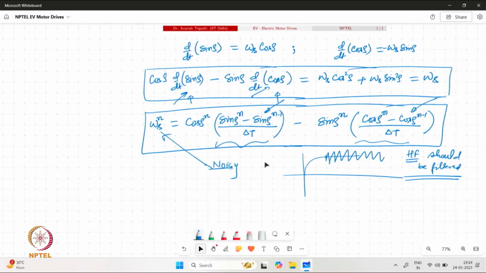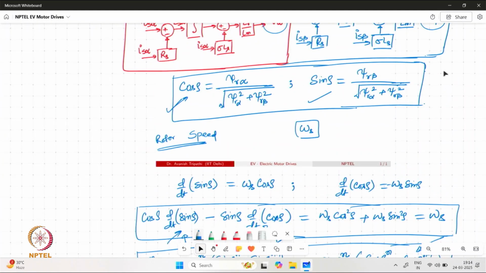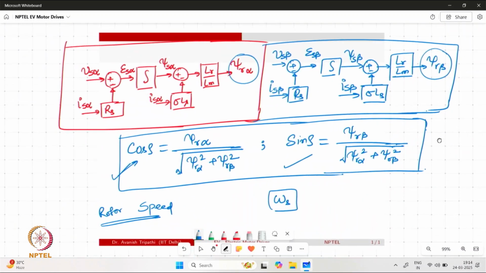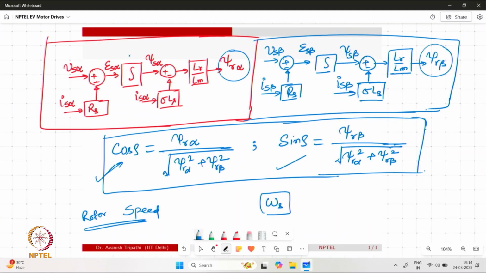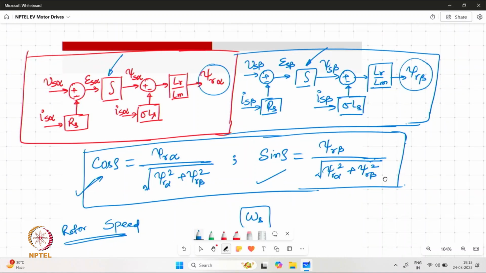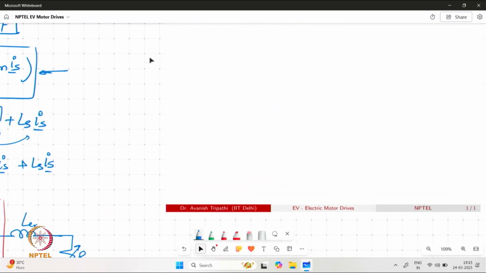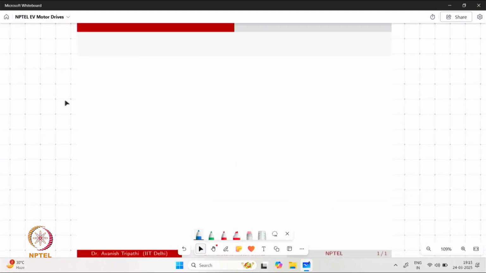Now there are certain limitations when we are trying to estimate the flux by having a pure integrator over here. Numerically it creates problems. So when we are trying to compute the integration of a pure sinusoidal waveform, we may have the problem of DC drift.